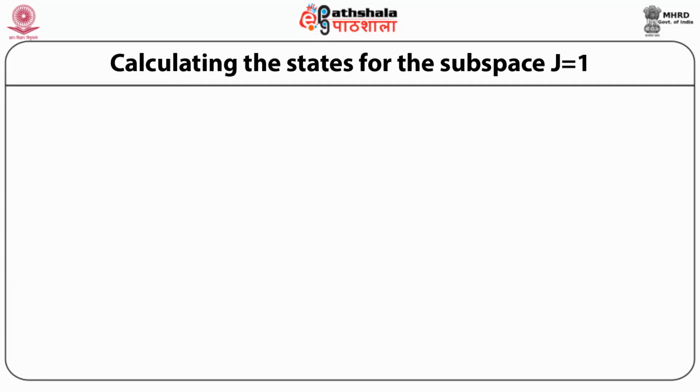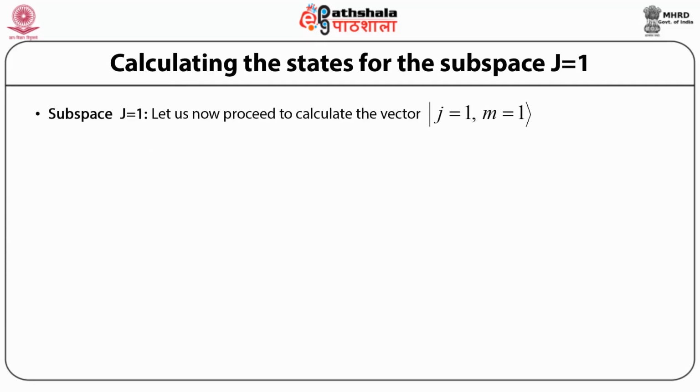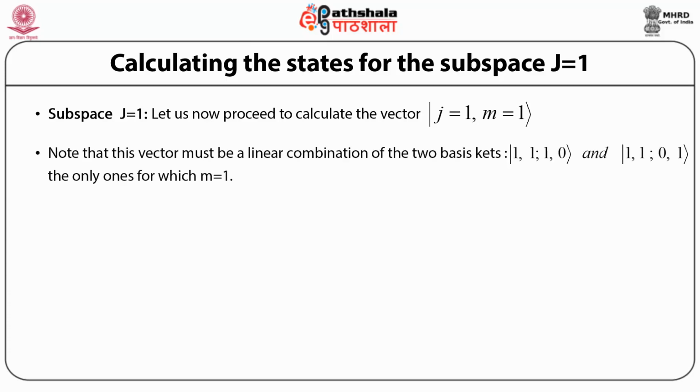Next we discuss the subspace j equals 1. Let us now proceed to calculate the vector described by ket j is equal to 1 and m is equal to 1. Note that this vector must be a linear combination of the two basis kets, that is ket(1,1,1,0) and ket(1,1,0,1), the only ones for which m is equal to 1.